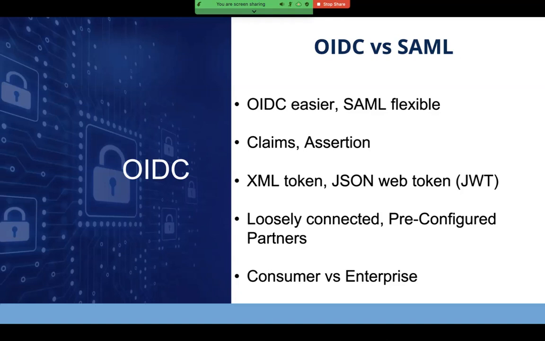Whereas OIDC is going to be consumer focused. It's going to be that B2C, because as an organization, I may have a lot more consumers or customers, but I'm offloading that responsibility of managing that credential back out to that authorization provider. I don't have to manage it. My support people don't have to take calls on it. I don't have to worry about password resets, all those things, because that is now the authorization provider's responsibility.